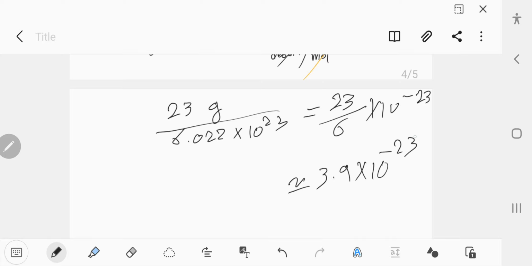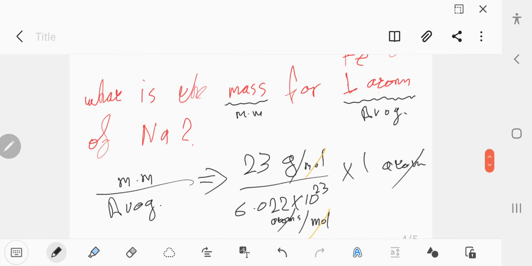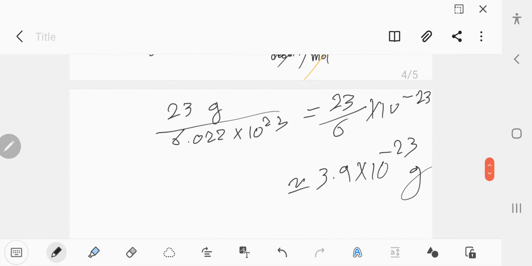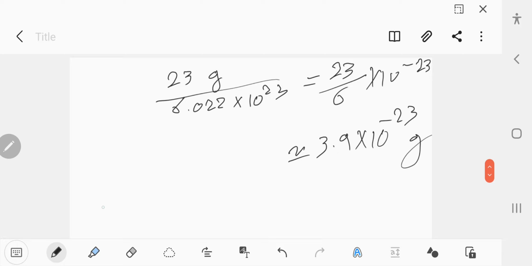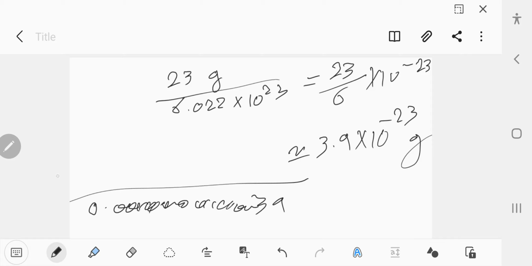So imagine, guys, this is the mass for one atom of sodium, which means that you have to put 22 zeros after the decimal point, then write 3. So imagine the extremely small size of one atom.